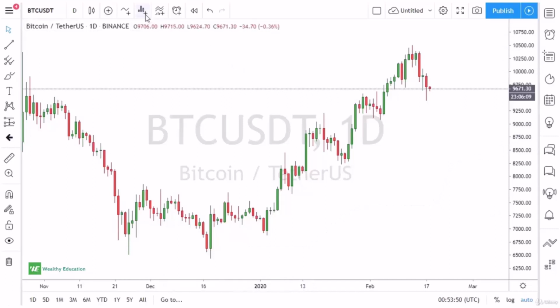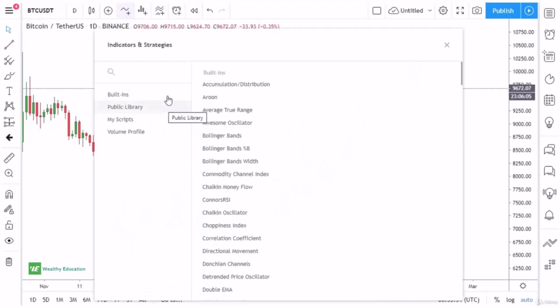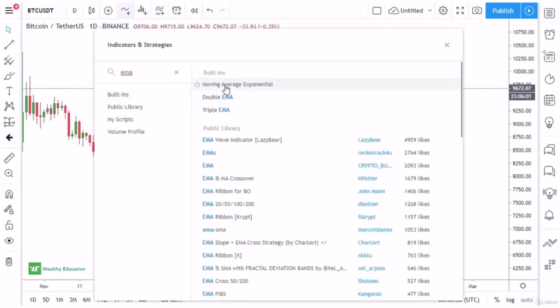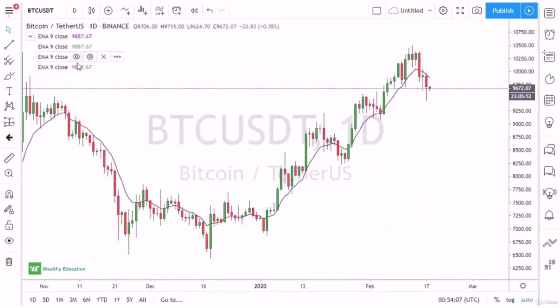In order to do this, you need to click on Indicators and Strategies, and you can type in EMA, which is Moving Average Exponential. I'm going to put 4 on the chart for the purposes of this video. I'm going to click these eyeballs.